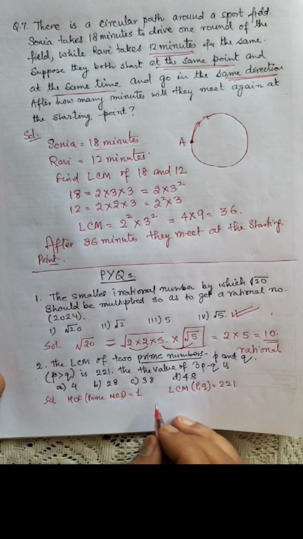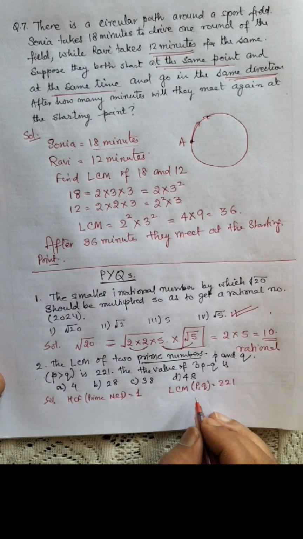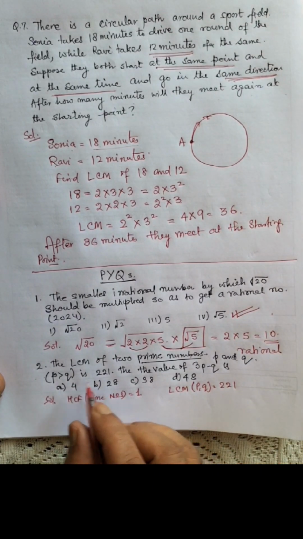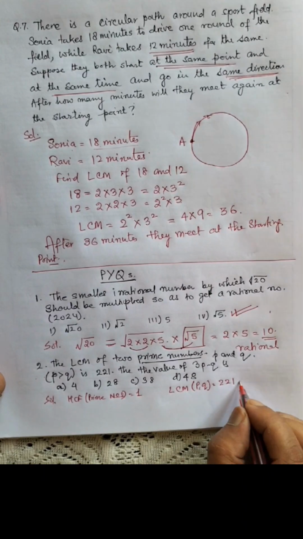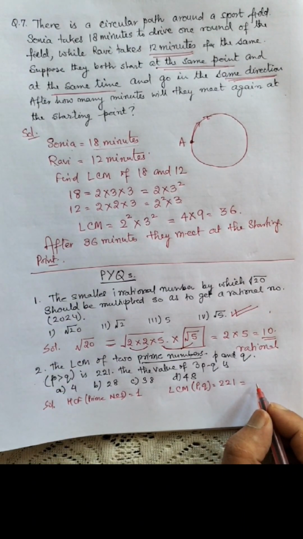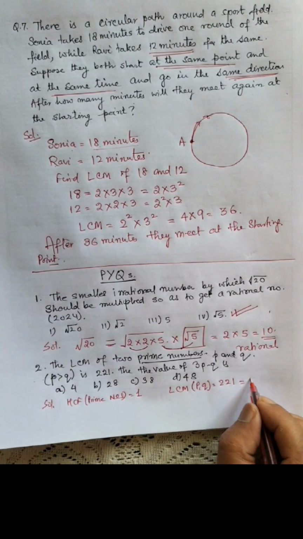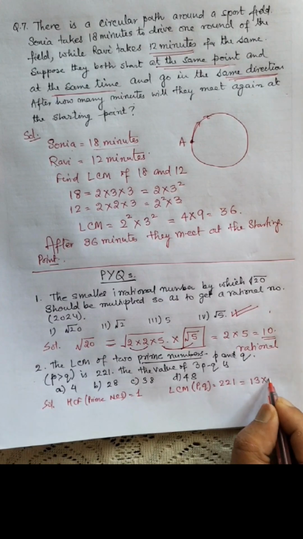If I want to find out P, which is greater, factorize this 221. This is 13 times 17.